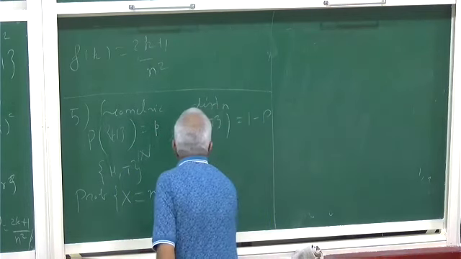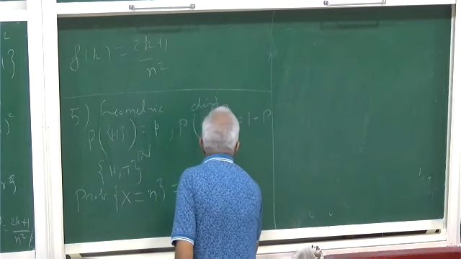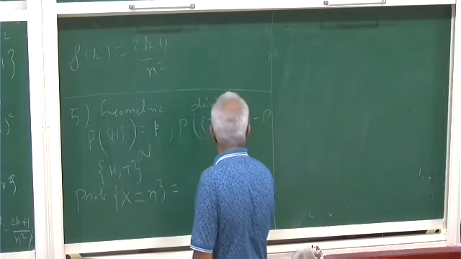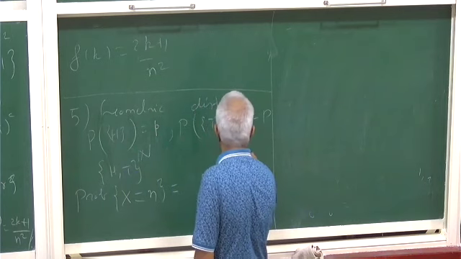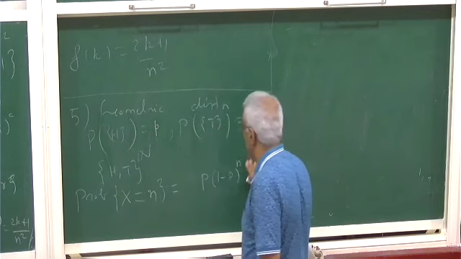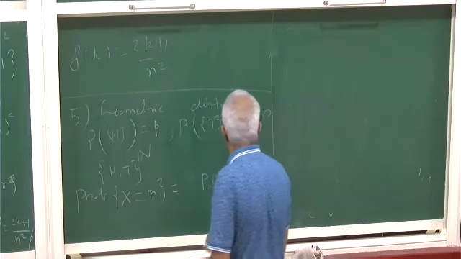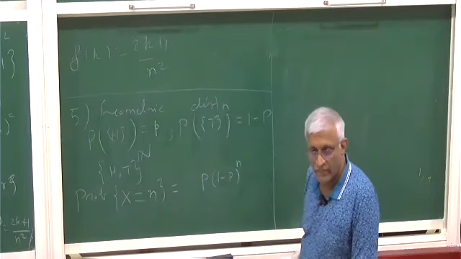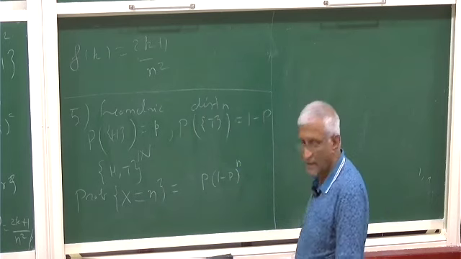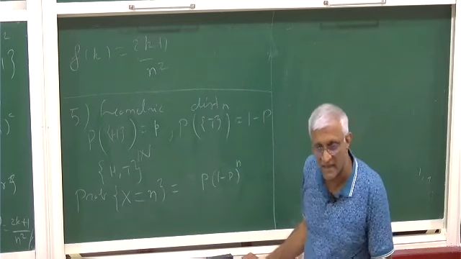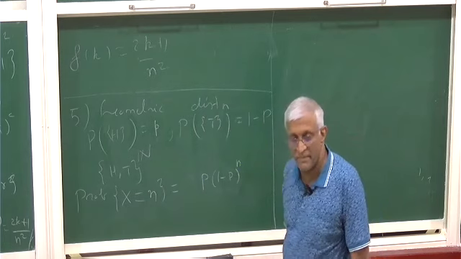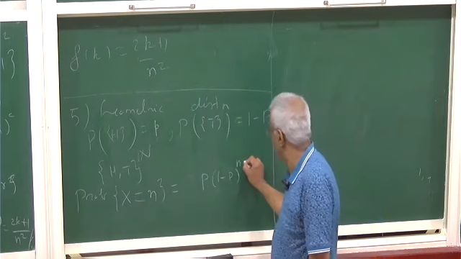So the probability of x equals n is p into (1 minus p) power n minus 1.